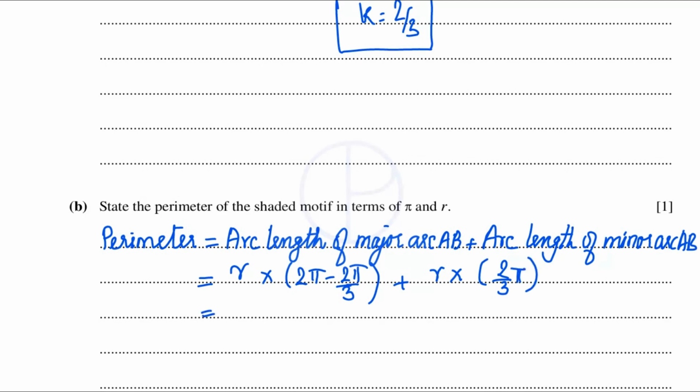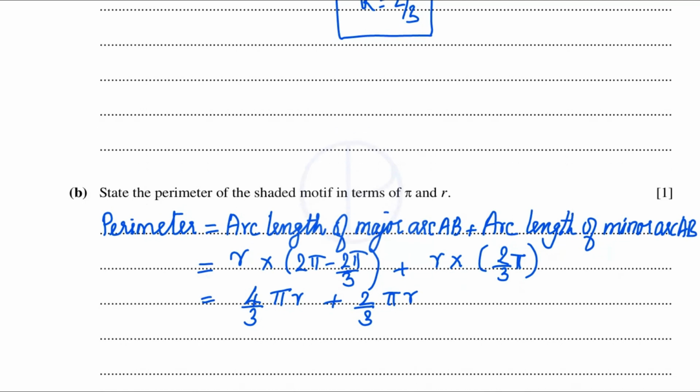Let's simplify this. R multiplied by 6 pi minus 2 pi over 3, which is 4 over 3 pi r, plus 2 over 3 pi r, which is equal to 6 over 3 pi r.